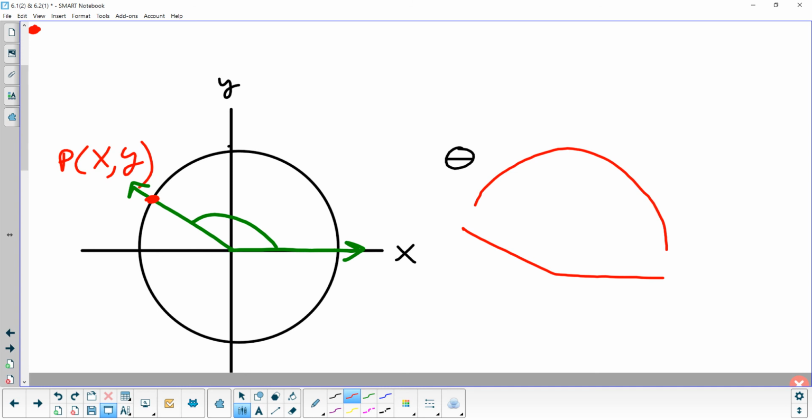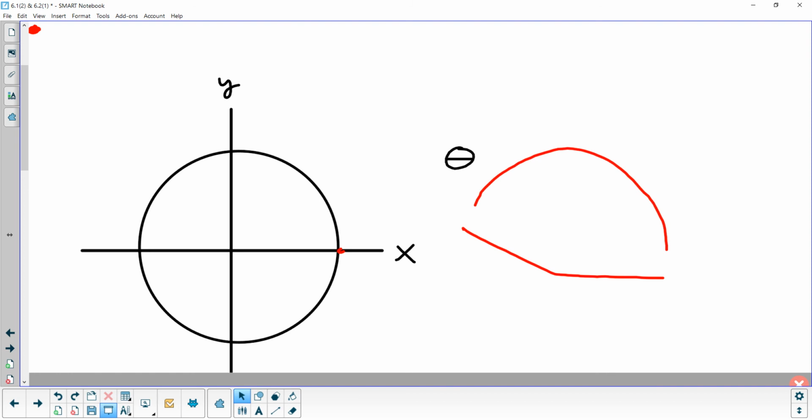So what I want to do is look at this diagram, but I don't want to do it for this angle. That would be kind of arbitrary. I want to do it for four special angles: 0, 90, 180, 270, and see if we can write the coordinates of those. All right, so this is 0.